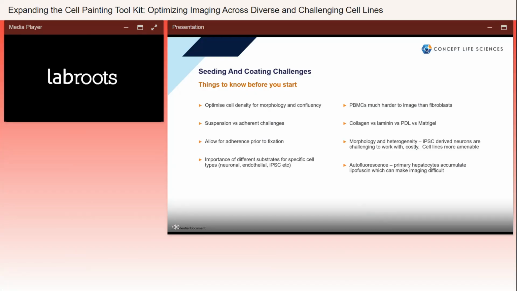plate. Immortalized lines like U2OSs and A549s are straightforward. They'll adhere well and spread consistently. However, in contrast, primary hepatocytes or iPSC-derived neurons often need specific extracellular matrix coatings to successfully adhere. Now, coating reagents can also autofluoresce or potentially interfere with dye binding.